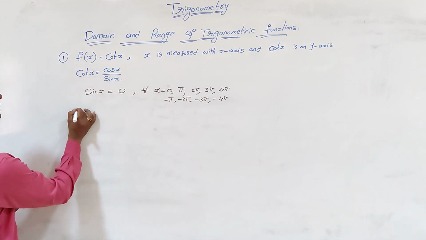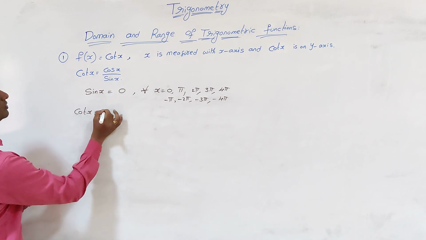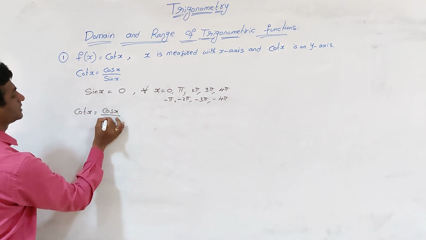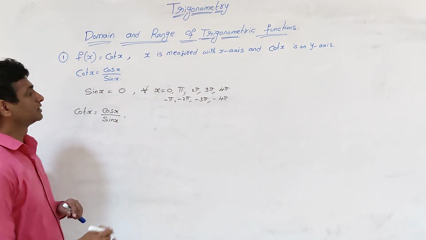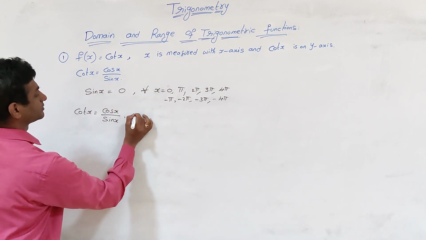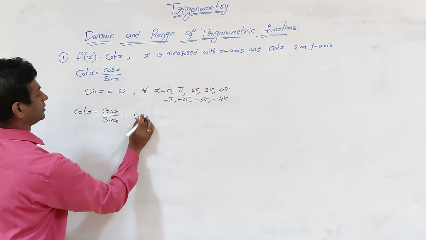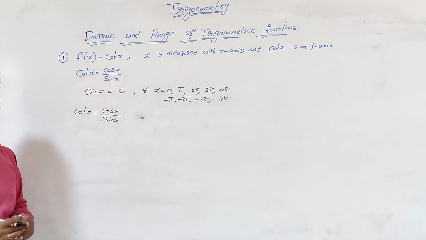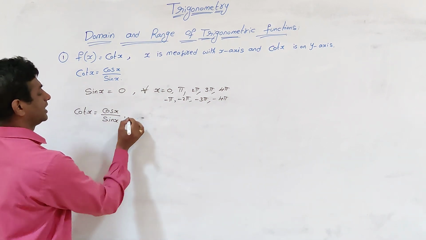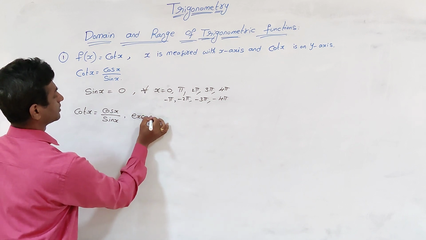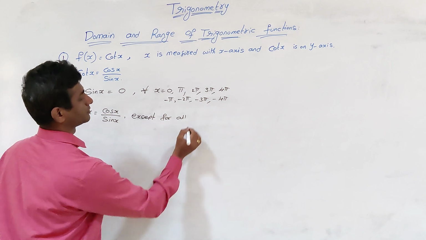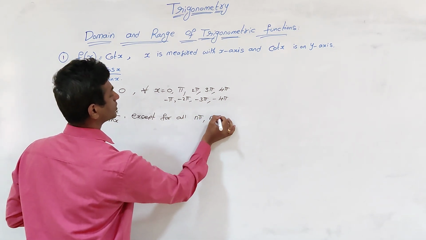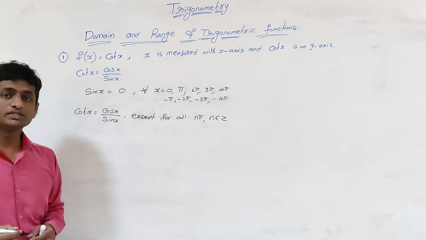Means cot x is equal to cos x by sin x. It is defined for all real numbers except for all n pi, where n belongs to Z. Means n is an integer.